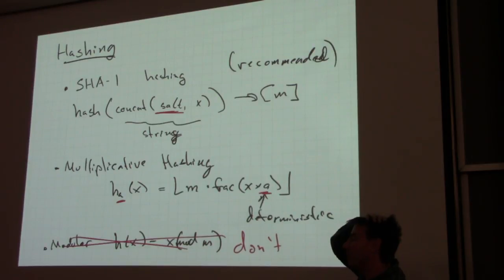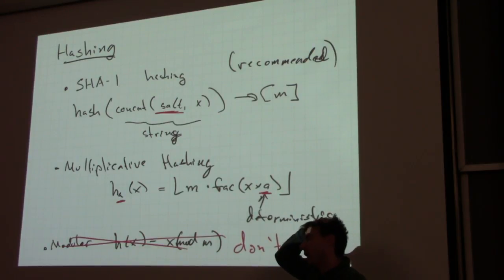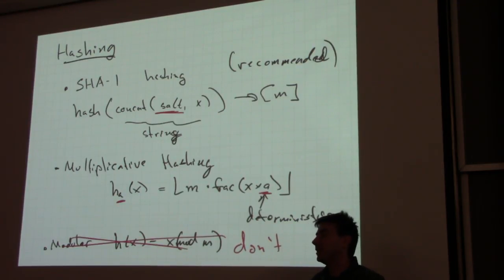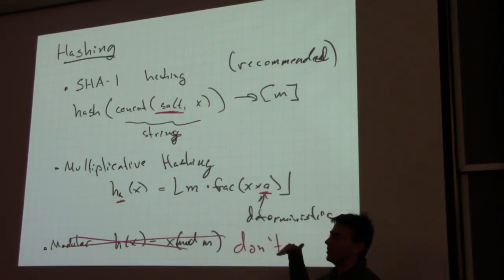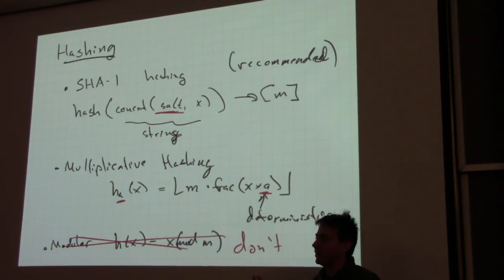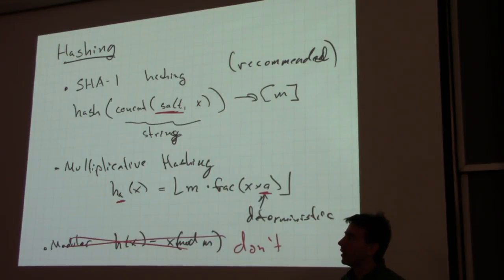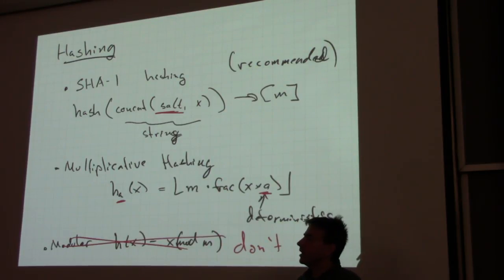I don't know what a good salt is, since it depends on my data set, but I want to choose these before I start looking at the data. I want to write the code, and then as the data comes in, I just want to throw it through the code. So you don't want the results to depend on the salt? They will depend on the salt, but if I chose the salt randomly, they'll depend on it in a random way.